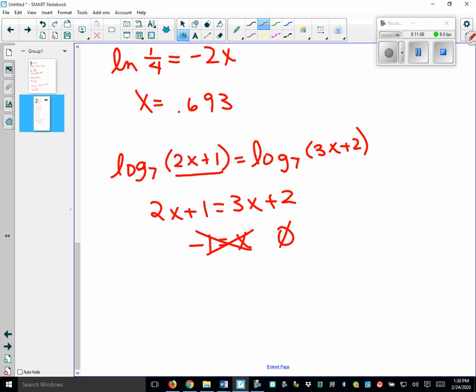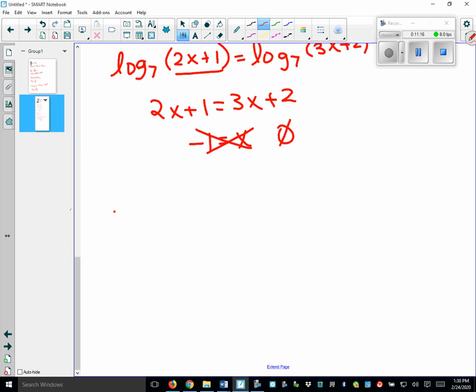What's inside the log cannot be negative. Right. Cannot be 0. So the log of x squared minus 5x equals log of 6.